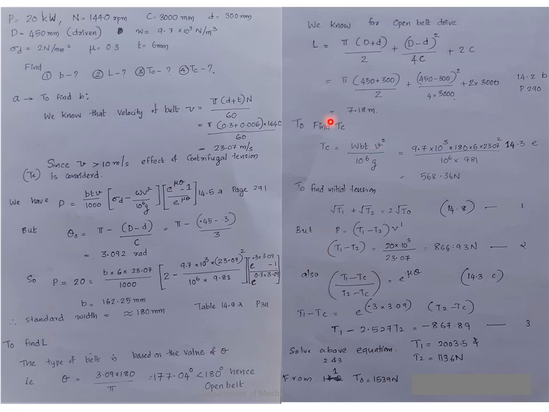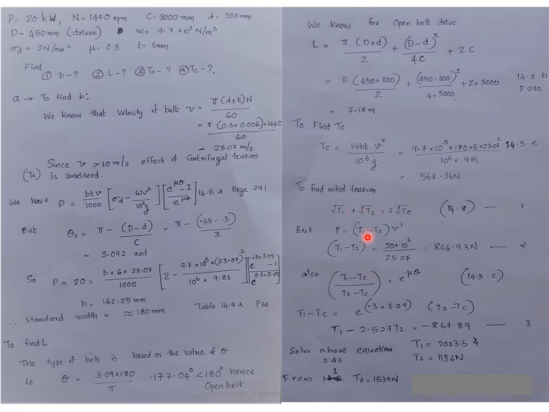To find the centrifugal tension, we have Tc from equation 14.3e. Substitute these values and you will get the centrifugal tension value. To find the initial tension T0, you have two equations connecting T0: T1 plus T2 is equal to 2 T0, which gives you that value. For finding T0, you have to obtain T1 and T2.